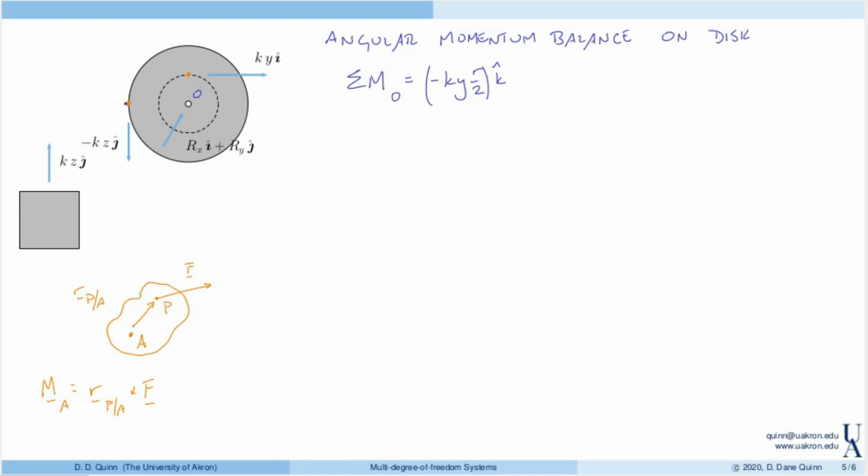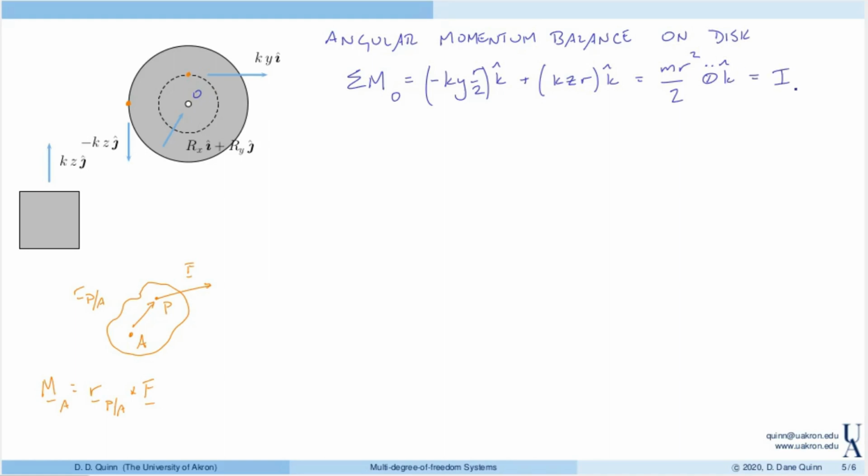Now looking at this force, it acts over to the left, so working through the cross product, we would get plus k times z times r, the radius, in the k direction. And that's going to equal the moment of inertia, which in this case is mr squared over 2, times the angular acceleration, theta double dot k.